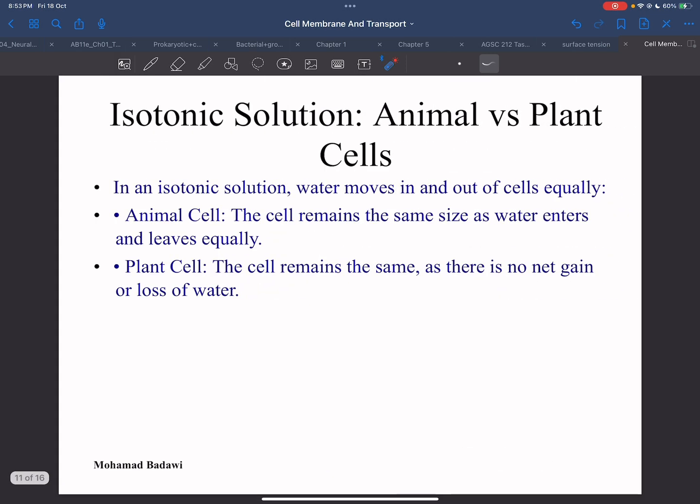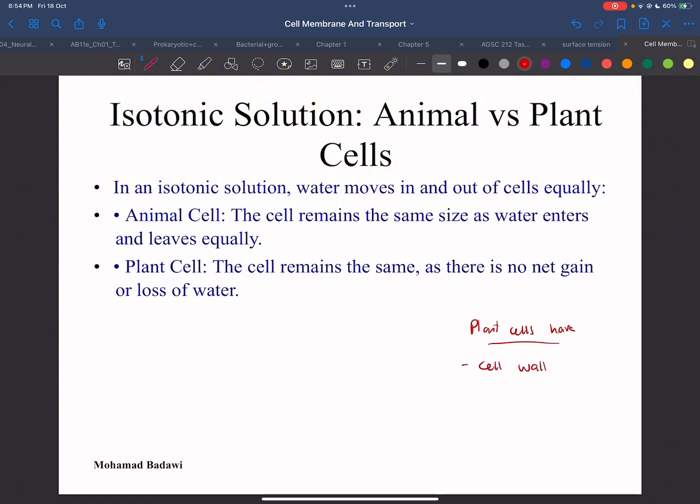Okay, and now we're going to be looking at the difference between placing an animal cell in an isotonic, a hypotonic and a hypertonic solution versus placing a plant cell. Before we talk about that, let's first revise the structure of animal cells versus plant cells. What was one main difference between those two? Remember, we said plant cells have a cell wall.